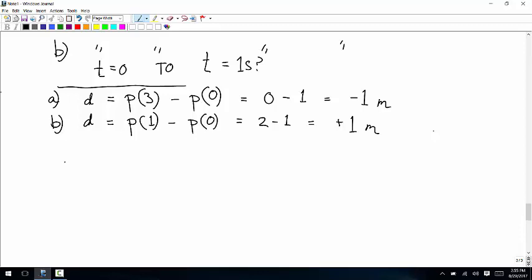So now let's talk about distance. Distance doesn't have direction associated with it. So in some way, we're going to have to throw away any directional information that we have.